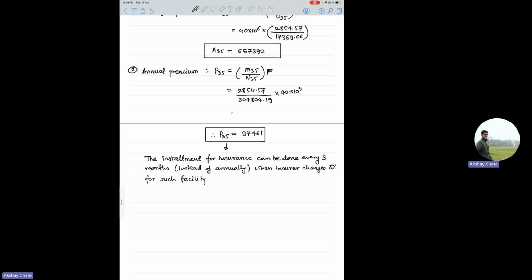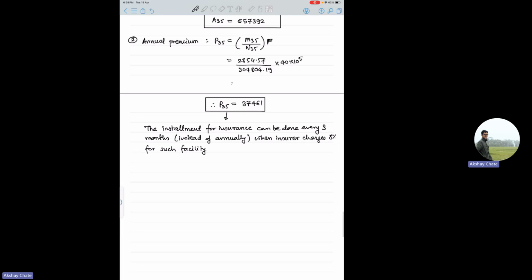So nothing is free. If you can't do annual things, they will charge you some interest and you can do monthly, 3 monthly payments. So instead of doing annual, let's say you are doing 3 months amount.